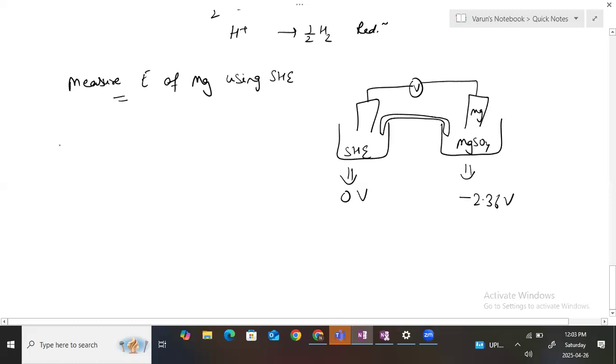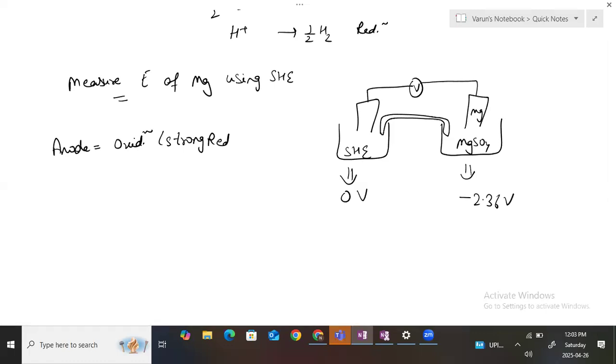If I consider that I have an anodic one, on the anode oxidation takes place. The one whose oxidation takes place will be the strong reducing agent. Can I say this thing? Yes, ma'am.